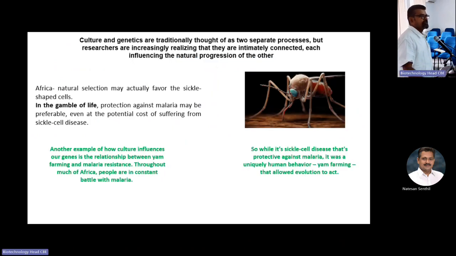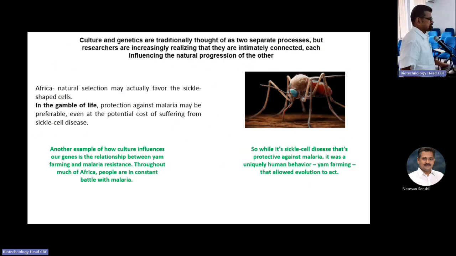Another classical example is malaria, right? Culture and genetics are traditionally thought of as two separate processes, but researchers are increasingly realizing that they are intimately connected. If we take the case of Africa, yam farming was very predominant.